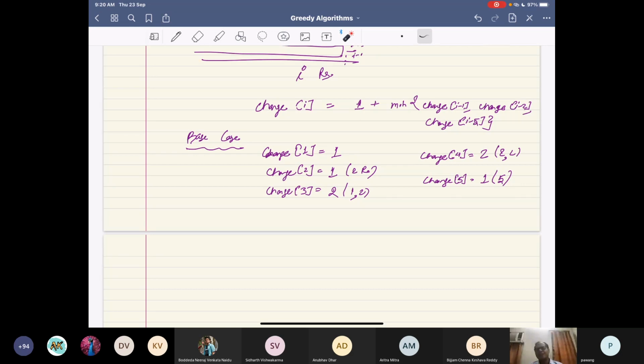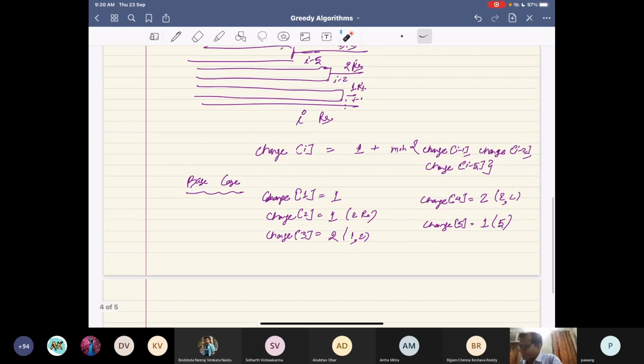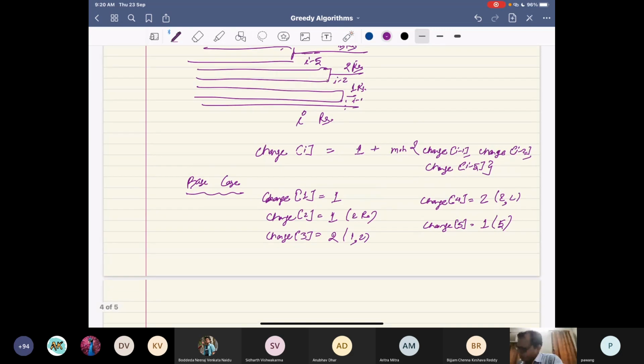Now, where do we need greedy? Why do I need a greedy algorithm here? What will I do with greedy now? Remember what I was saying? Whenever you write your solution in terms of subproblems, there may be one property that is always true for an optimal solution.